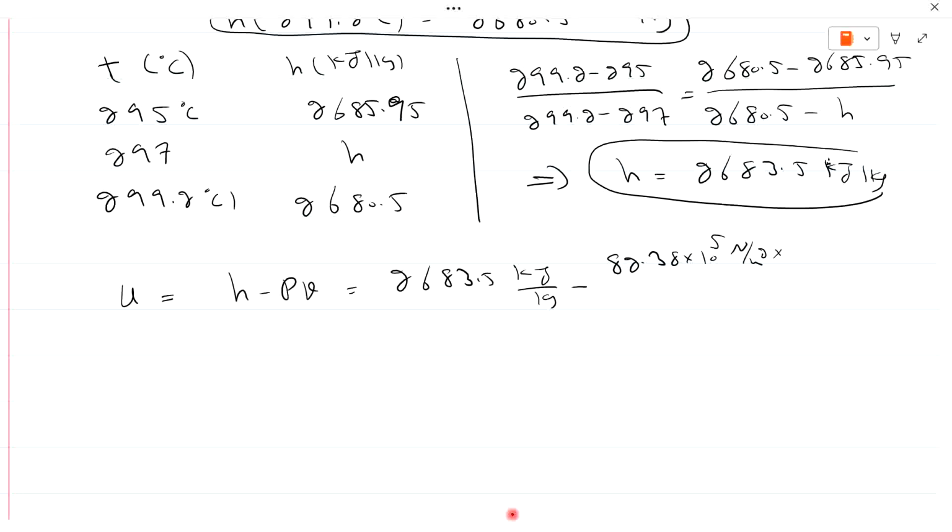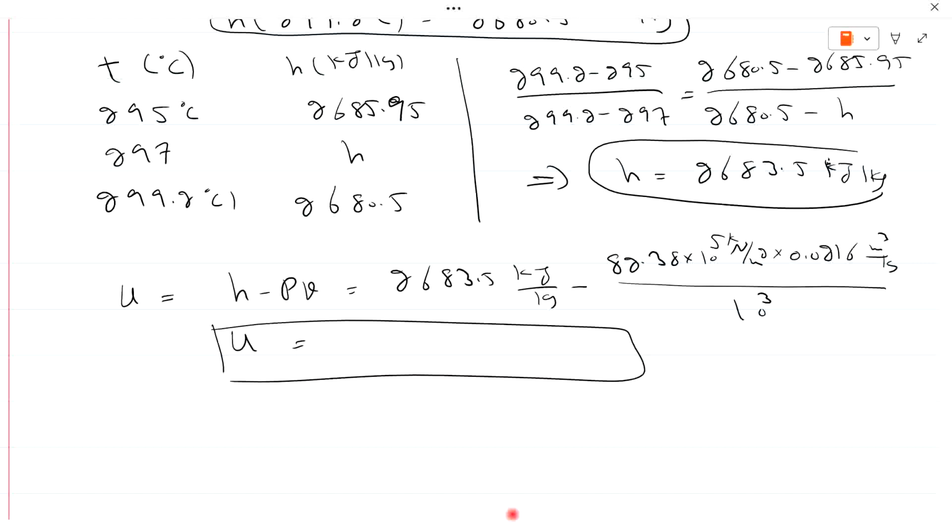The value of specific volume is 0.0216 meter cube per kg. If we calculate this unit, it will be joule per kg, so convert this into kilo: divide by 10 power 3 and write here kilo. So the value of U will be equal to 2505.4 kilojoule per kg. So write these values in row number 12.